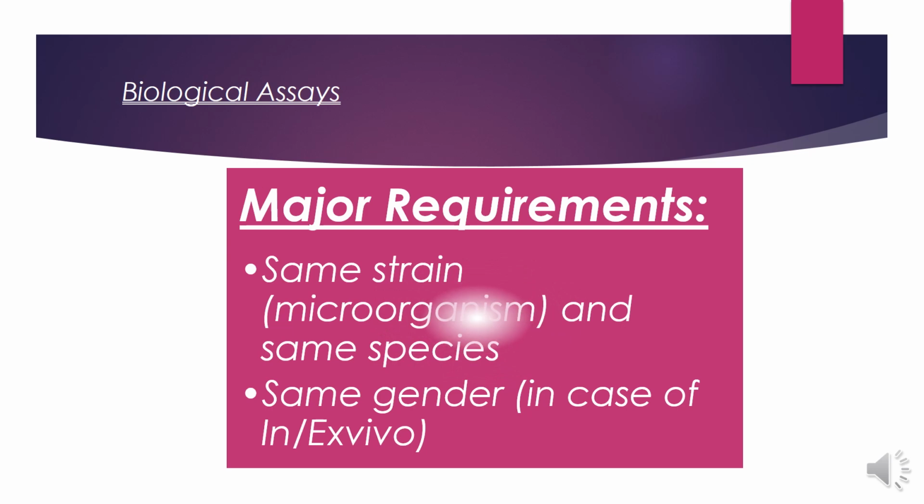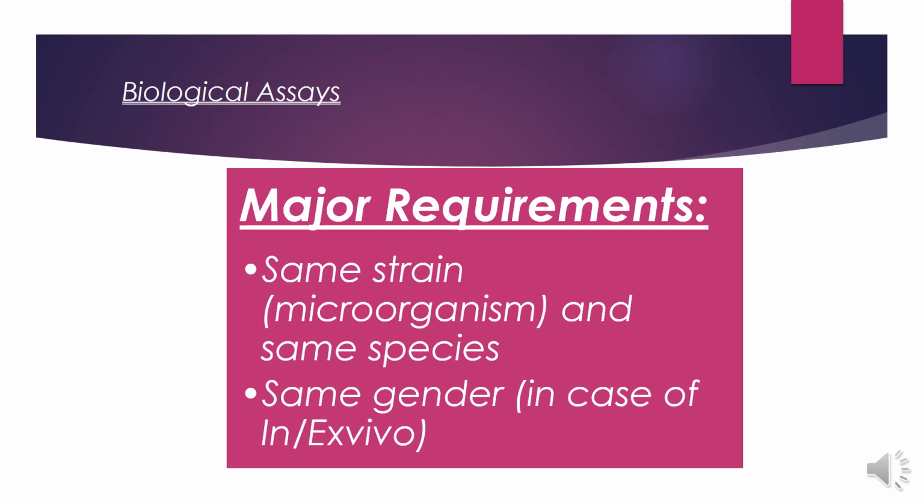The main requirement for these test organisms is that you must use the same strain, if the strain is available, like in the case of microorganisms. If the strain is not available, you have to use the same species and the same gender, in in vivo, ex vivo, or even in vitro.